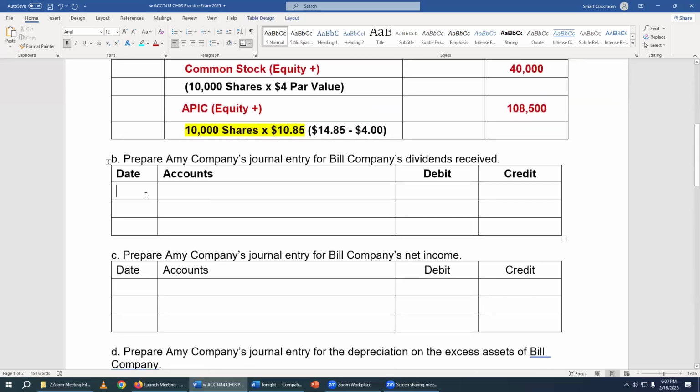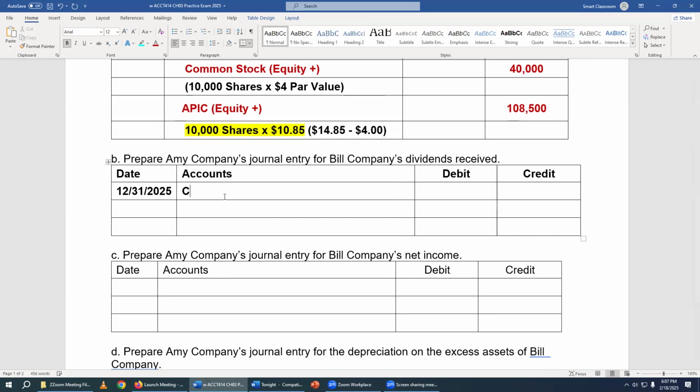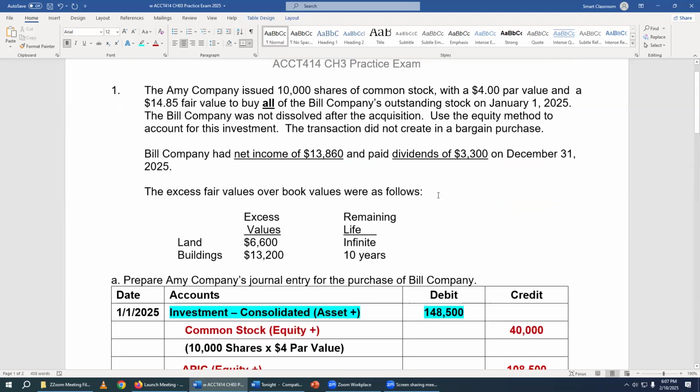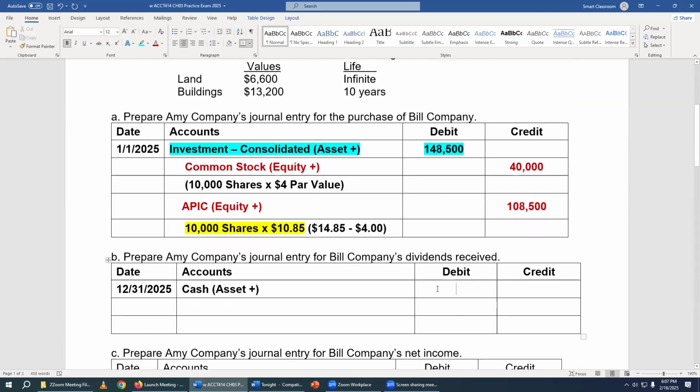Okay, so dividends, so we got cash going up. $3,300.